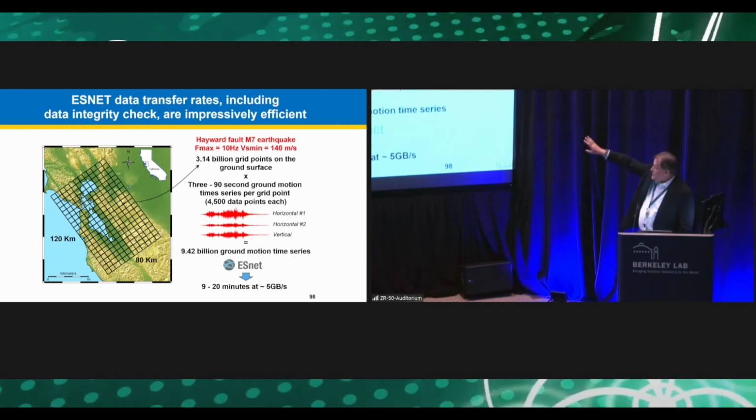So you do that multiplication, it's 9.42 billion time histories that we have to transfer. And so we've been testing this particular run on ESnet. We can do that in about 9 to 20 minutes, depending on our compression ratio, which is remarkable for us. Next slide.